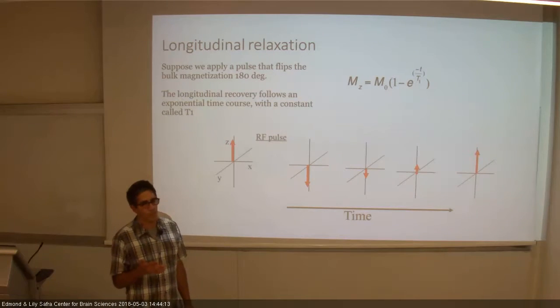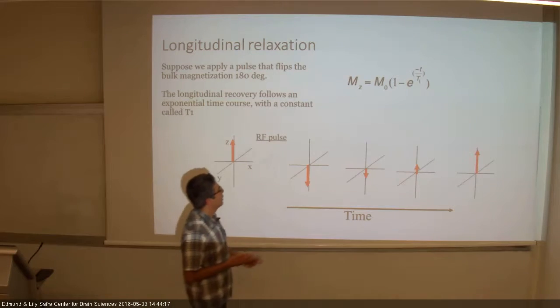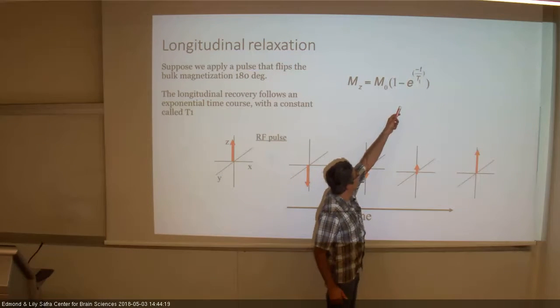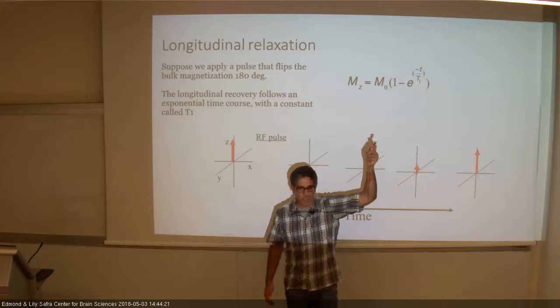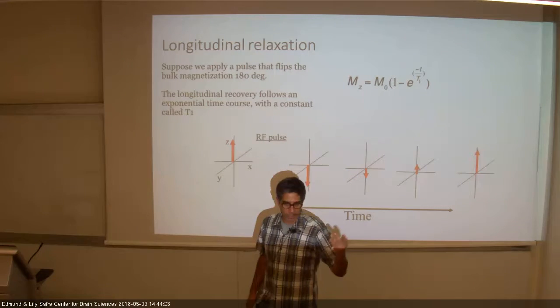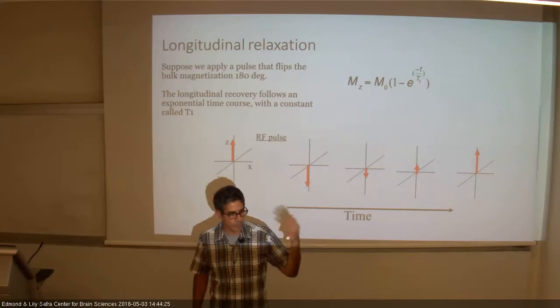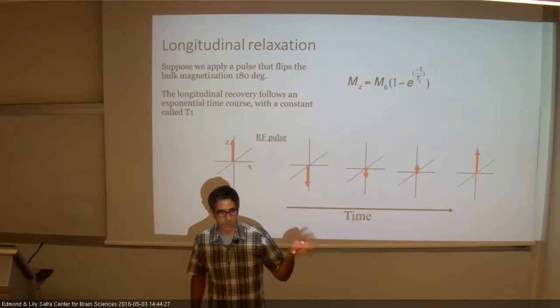It happens to be an exponential relaxation. So we can find an exponential relaxation. We're going to give it some time constant. We're going to call it T1 because it's the first one. The longitudinal relaxation is the first one we're going to discuss. T1, the longitudinal relaxation.